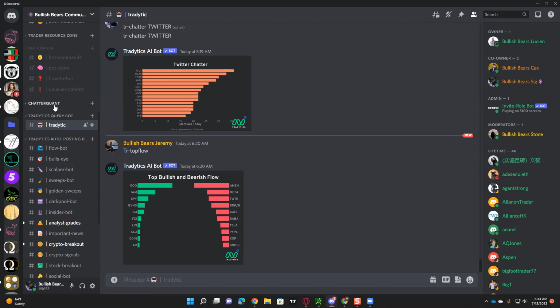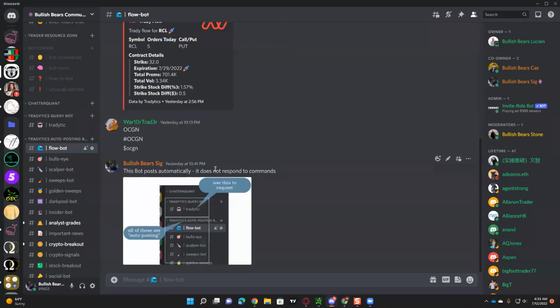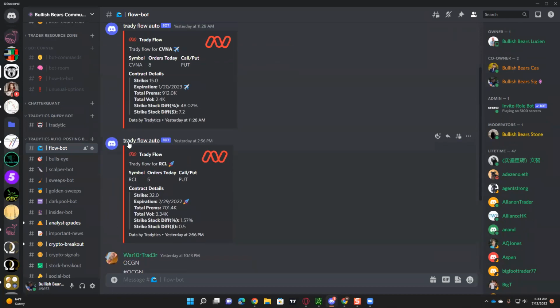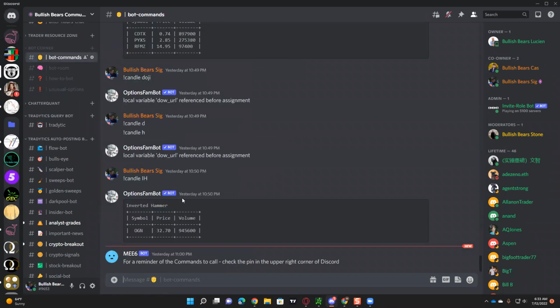There's also Option Fam Bot, and each one of those, if you look along the side, you'll often see their names, right? If you go into a particular channel and you look at Trading Flow, it's got Trading Ticks and Chatter Quant there, or here, Options Fam Bot, and then you could just go to Google and Google it.